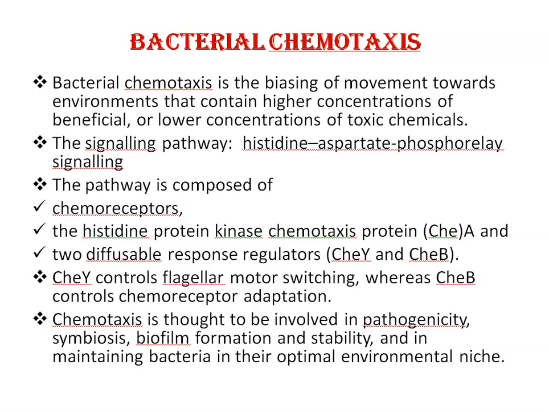Chemotaxis is thought to be involved in pathogenicity, symbiosis, biofilm formation and stability, and in maintaining bacteria in their optimal environmental niche. The chemoreceptors and other proteins of the chemotaxis signaling pathway localize to specific regions of the cell as large higher order arrays.